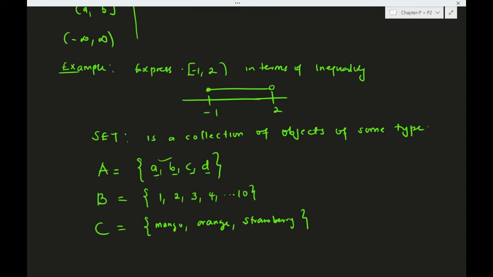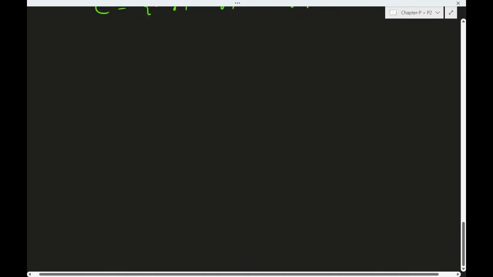So set C is a set where the elements are just fruits, right? That is why in the definition we said objects of some type. It's very important.